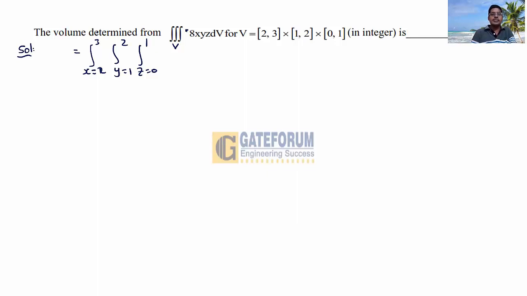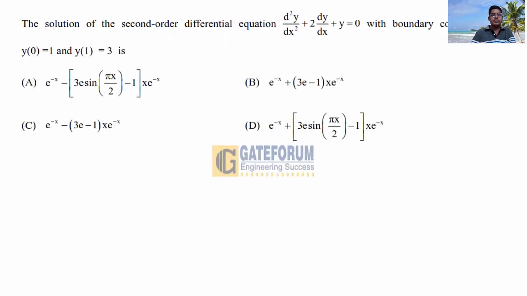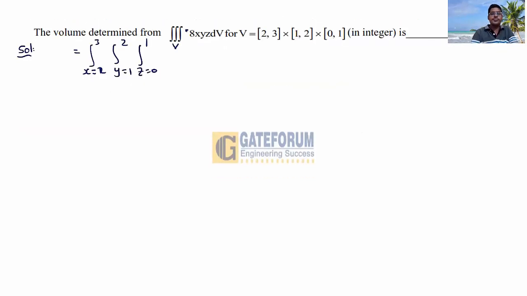The integrand term is 8xyz, dV means dx, dy, dz.